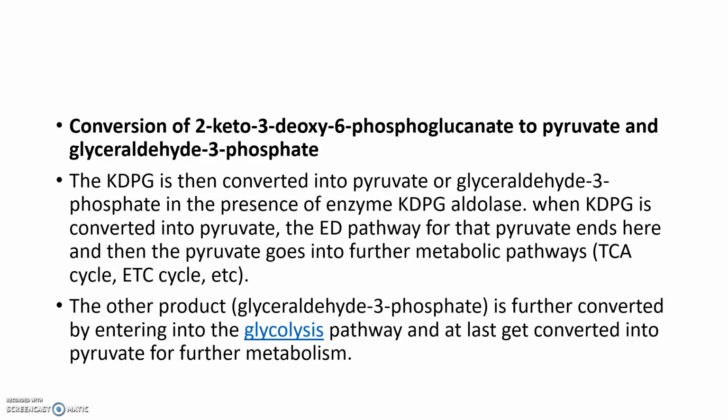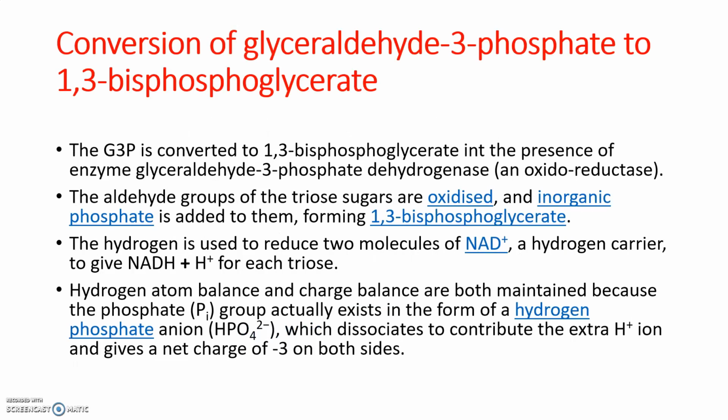So there are two products, pyruvate and glyceraldehyde 3-phosphate. Pyruvate enters the TCA cycle or electron transport chain. Glyceraldehyde phosphate enters glycolysis. Next is the conversion of glyceraldehyde 3-phosphate to 1,3-bisphosphoglycerate.